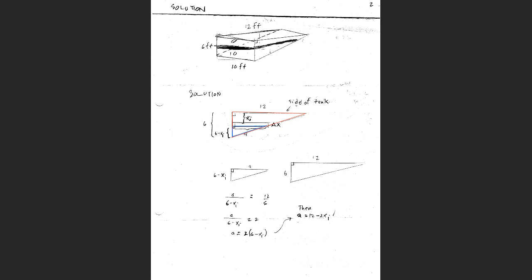And again, this here is my ith layer of water. And what I've done here is I've written down the big right triangle and the smaller right triangle. And are these two triangles here similar right triangles?